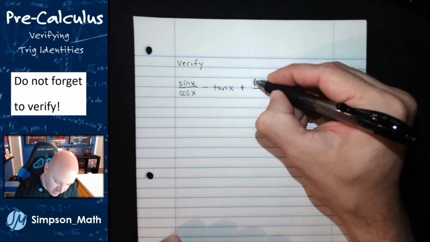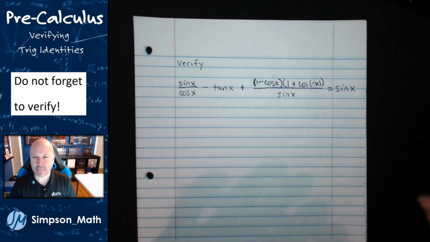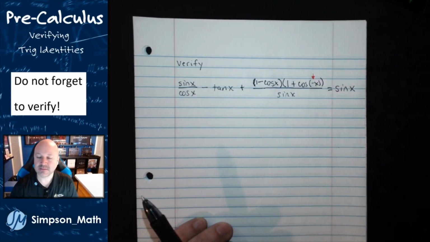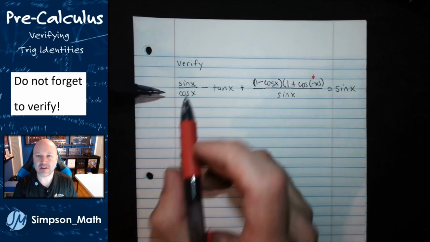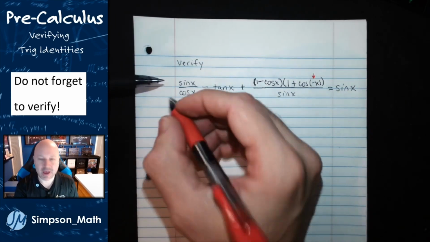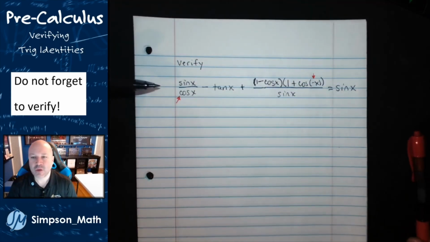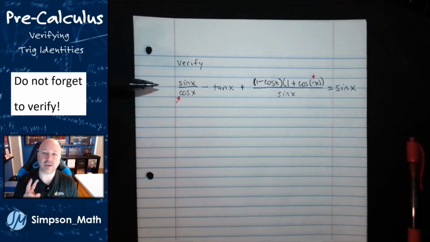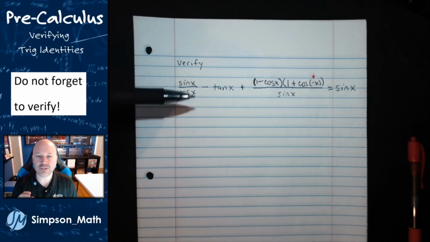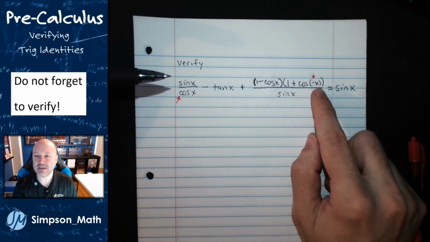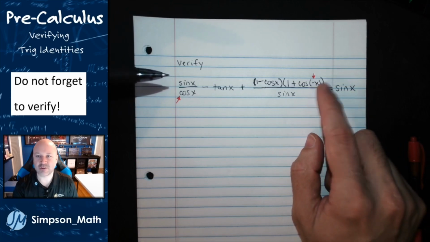So if I first look at this thing, my eye is drawn to that. And then this is pretty obvious to me. So in my first step, I'm going to do two things. I'm going to apply a quotient ID to turn this into tangent. And I'm going to apply an even ID to call that just a regular cosine.